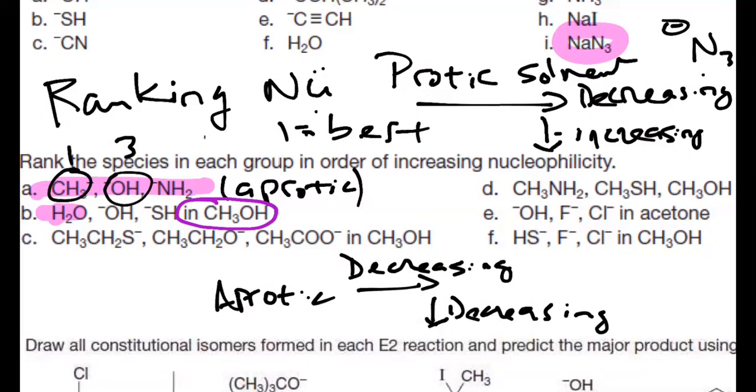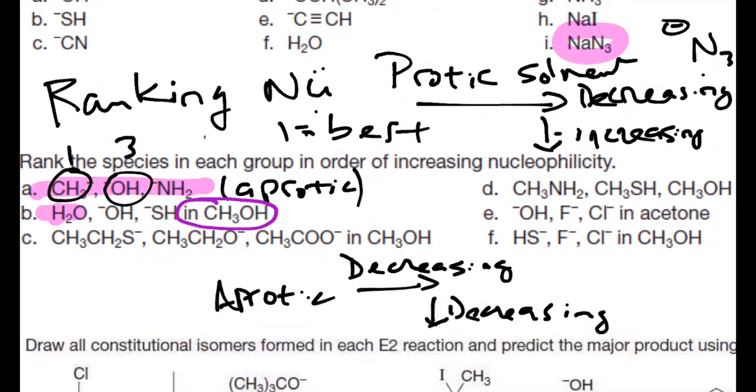All right. So what's the trend here in protic solvents? Nucleophilicity is decreasing from left to right and increasing from top to bottom. Is that right? Right. So for B, in both of those first two, oxygen is your nucleophilic atom. So you have to choose between OH minus and water.